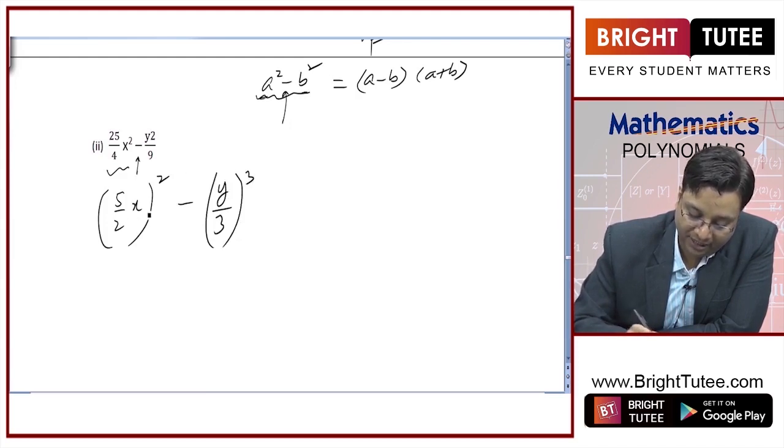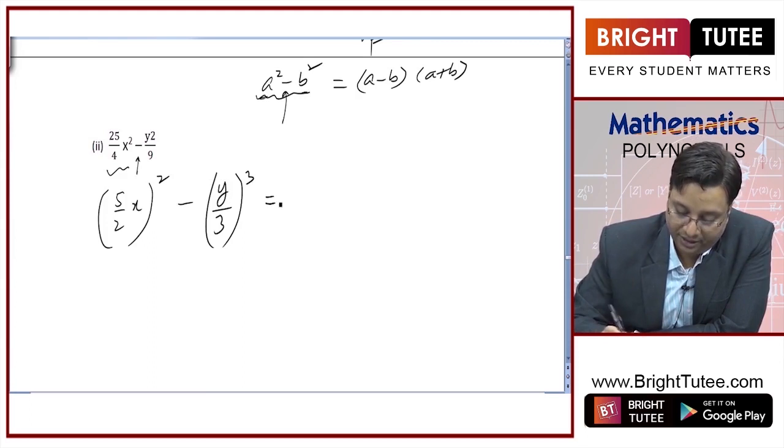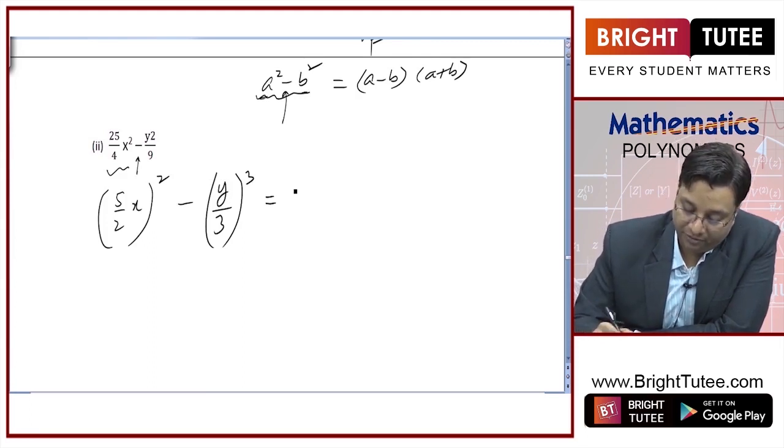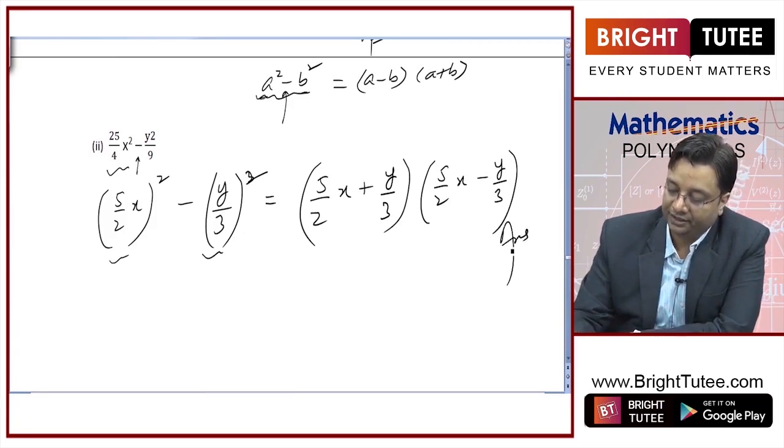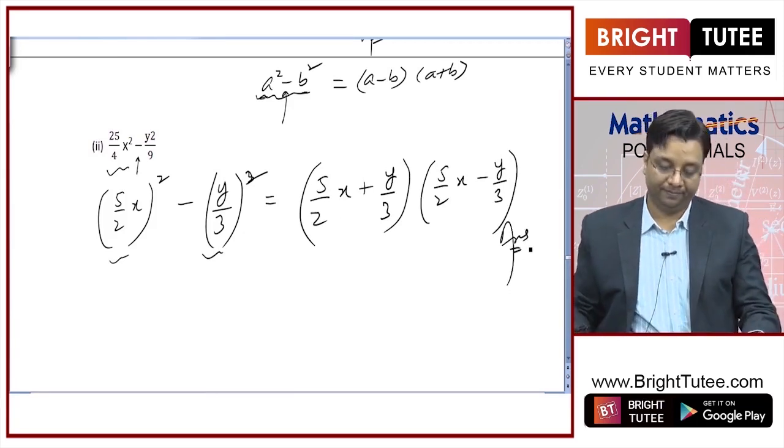You can take capital X, capital Y, as per the demand of the question. Now this is of the form a square minus b square, so I will write it as (5/2 x + y/3)(5/2 x - y/3). These are the factors.